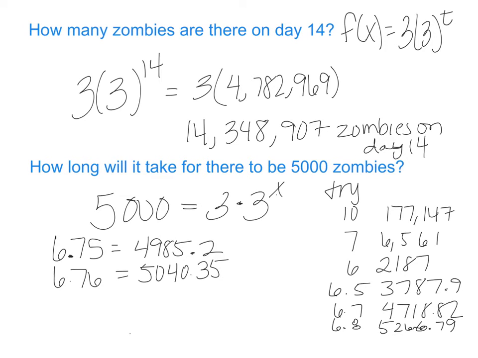So we get an answer somewhere between 6.75 and 6.76. And of course we can keep adding decimal places to get more accurate, but we don't want you to spend hours on this question on the test. We just want you to get close. So we would say approximately 6.75 days is when we reach the 5,000 zombies.